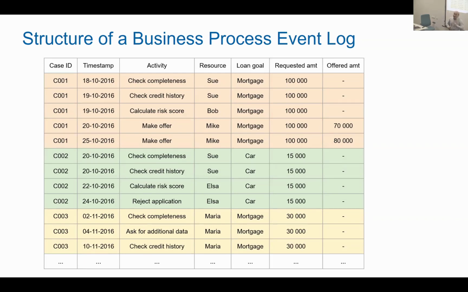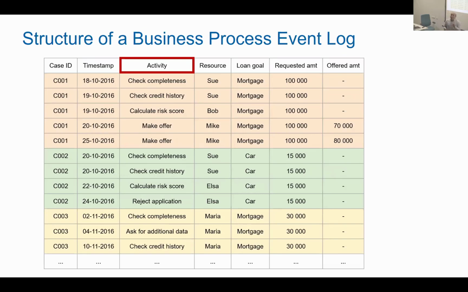Every row in this table, take for example the first row that is being shown here, captures something about the execution of one task in one instance of the process, one task executed for one specific loan application from one customer. In every row, in order to use it for the purpose of process monitoring, we need to know at the very least three things.